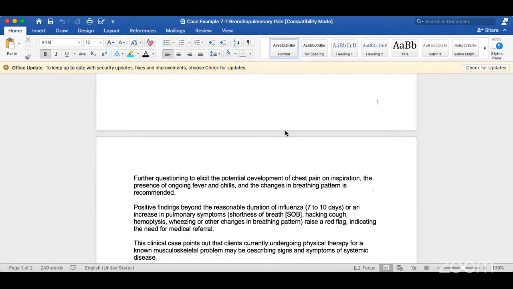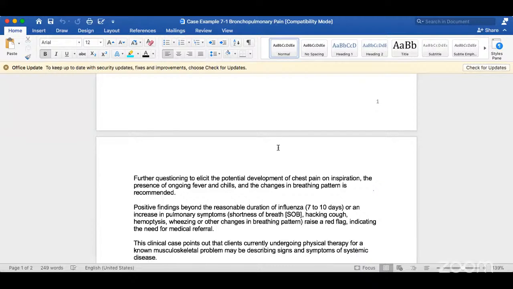Positive findings beyond the reasonable duration of influenza symptoms, shortness of breath.